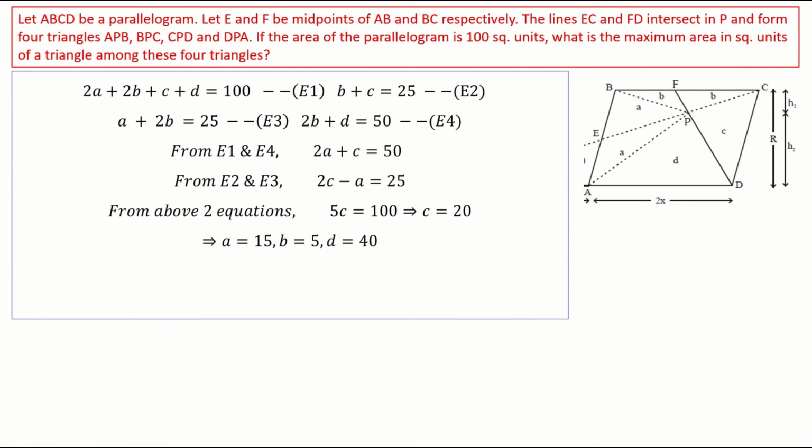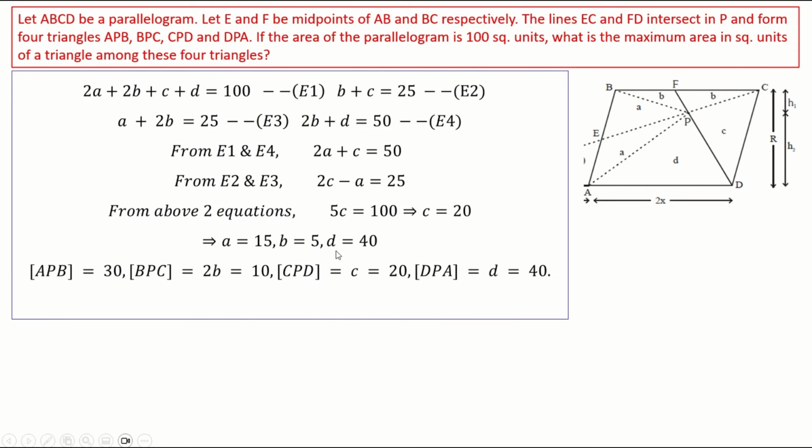So if c equal to 20, you substitute in the other equations, you will get b. From here, you will get the b value. B is 5. Okay. And if c is 20, from here you can get a, which is 15. So from this equation, or this equation, you can get d equal to 40.